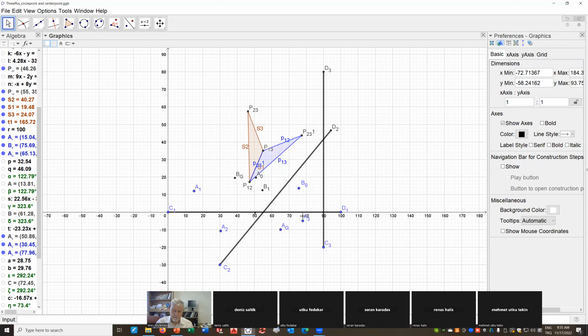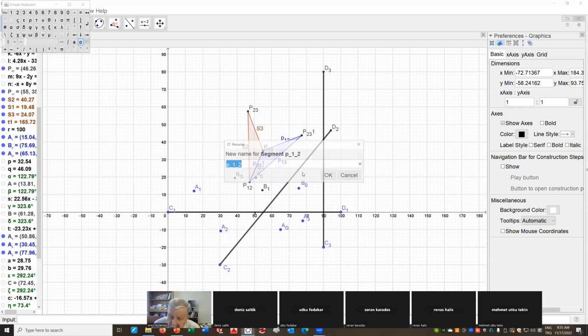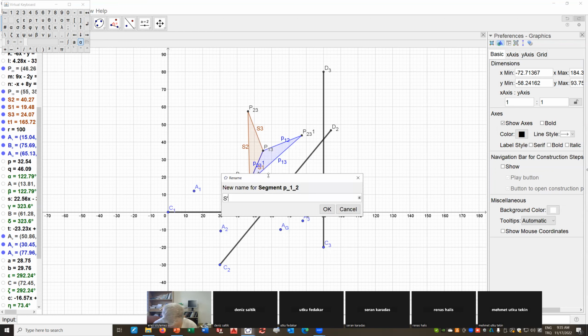P231, P12, P13. If this is B0, now side 1, P13, P12 is the same. This side, rename it as S prime 3.